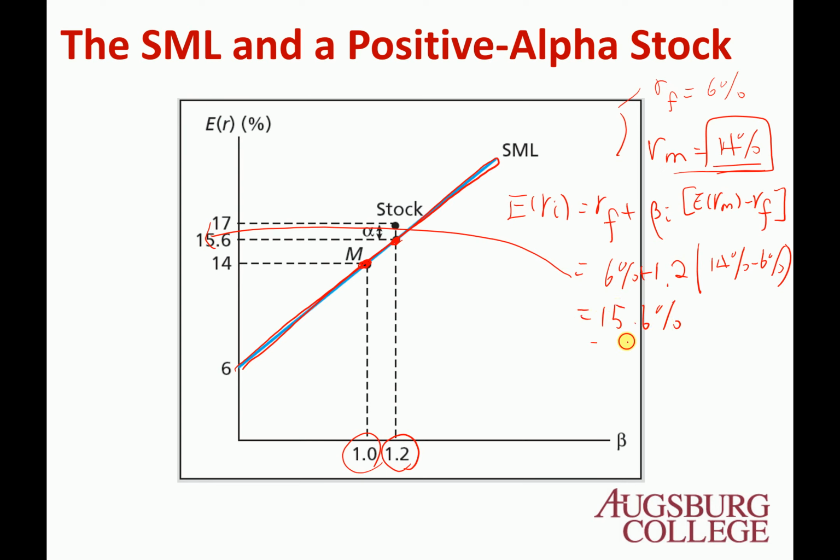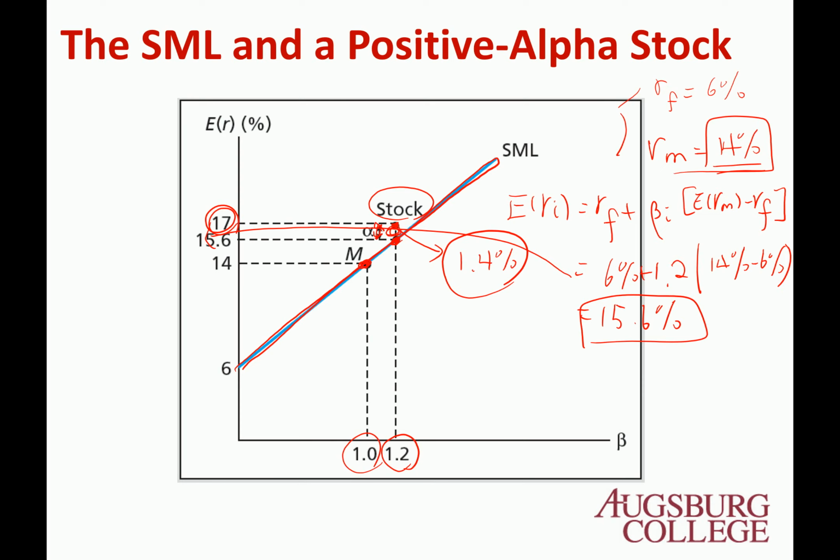So its predicted return should be 15.6% based on the CAPM. Now if the stock's realized return is 17%, not 15.6%, then we have some alpha here. This is called abnormal return. The amount of abnormal return here is 1.4%, right? This cannot be explained by this CAPM model.